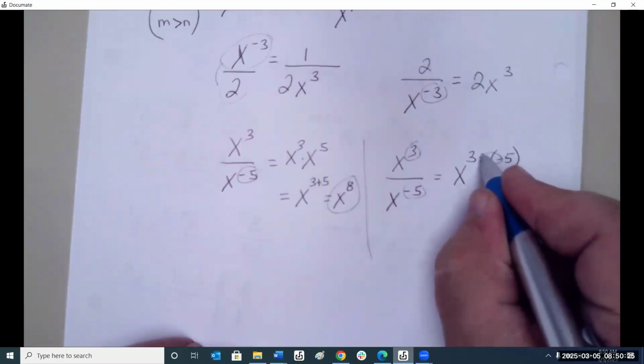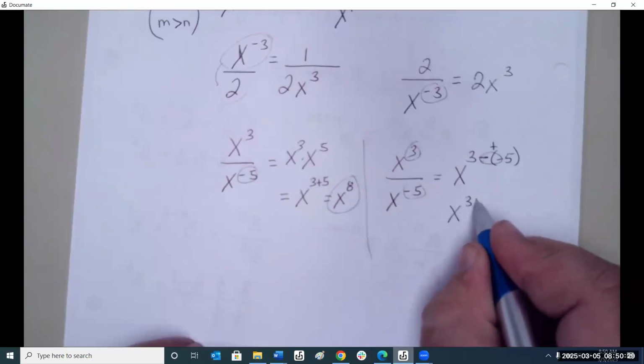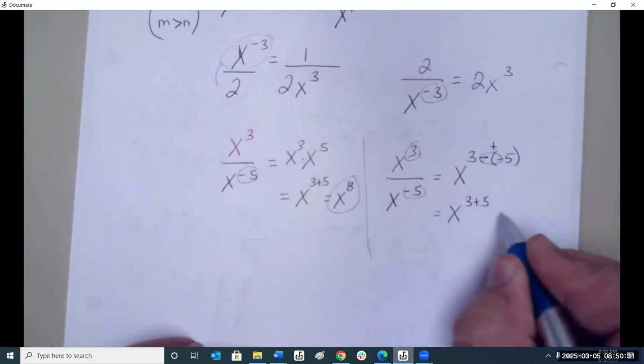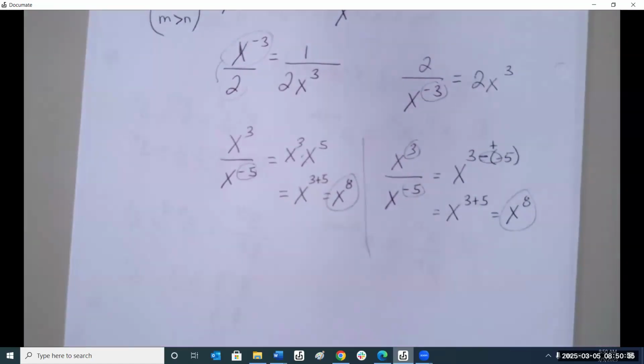Negative and negative becomes a positive. So we have 3 plus 5, which is x to the power 8. Same answer. As long as you follow the rules, you'll get the same answer.